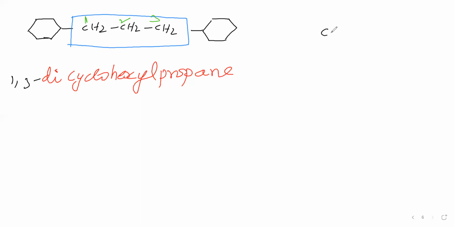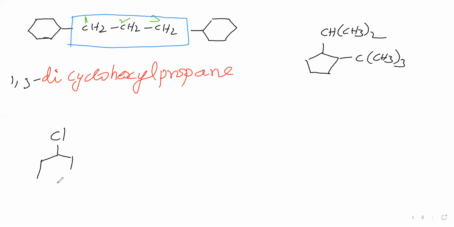Next compound we will take. CH3 twice, cyclopentane ring, then CH3 thrice. This name also you can say. You think and say the name of this compound. Next compound Cl, here methyl, here methyl. This compound name also you think and say.